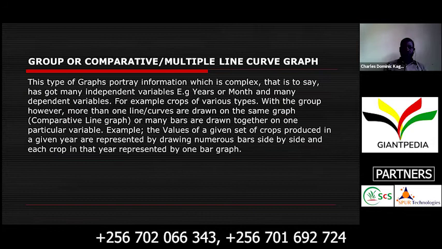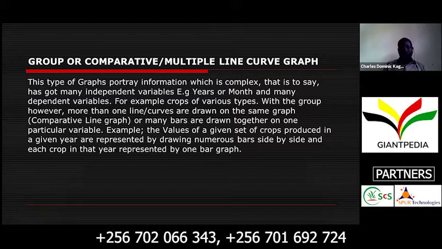And these are what we are going to call group or comparative graphs. Sometimes people call them multiple line or curve graphs. So under here, we are going to look at two. We have group, or sometimes called comparative. Sometimes they call them multiple line graphs or curve graphs.